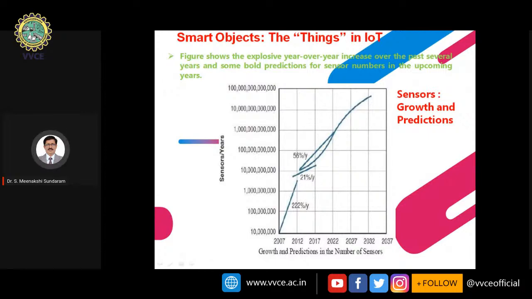This figure shows an explosive year-over-year increase over the past several years, with bold projections for sensor numbers in the upcoming years. It keeps on growing, just like Moore's law, as we have studied in electronic circuits, where the number of components in a microelectronic circuit keeps on increasing.